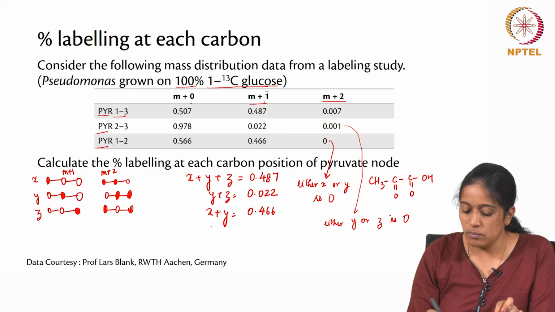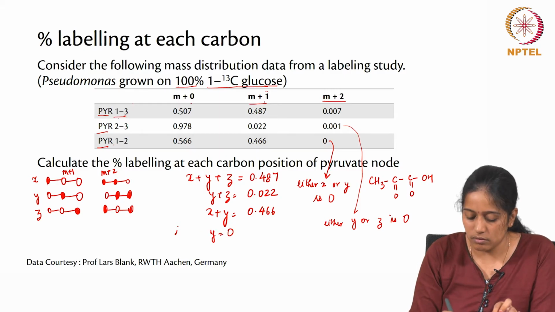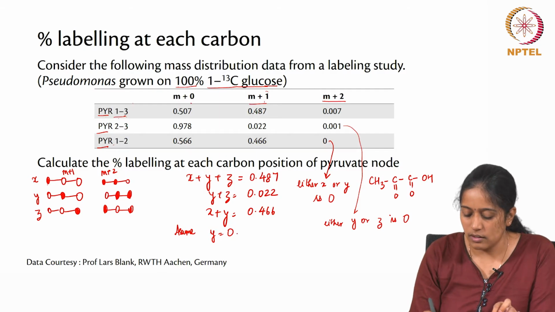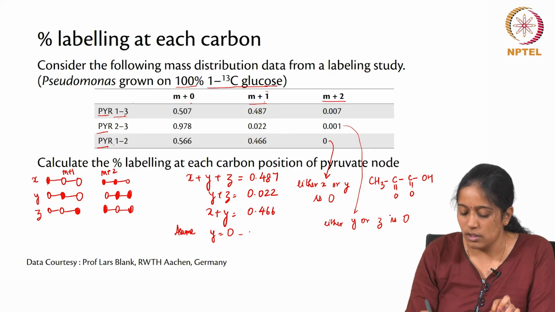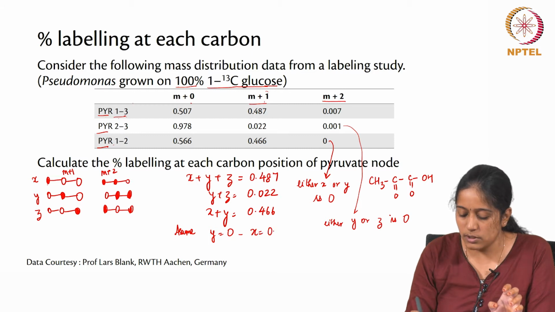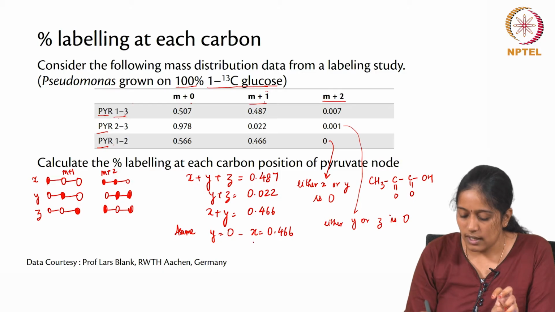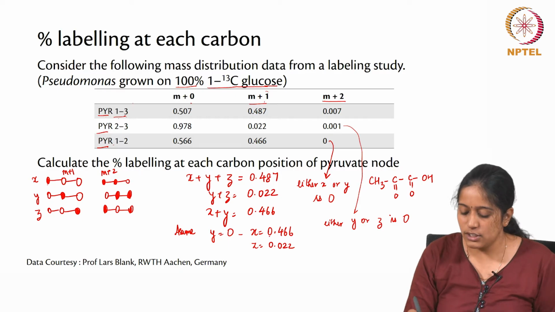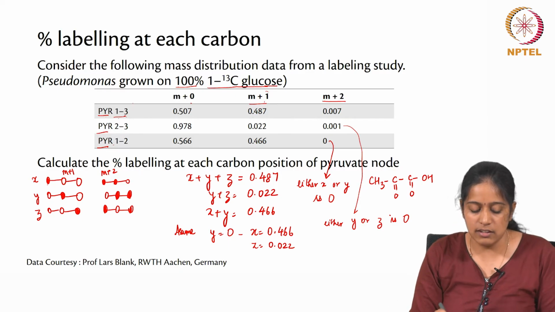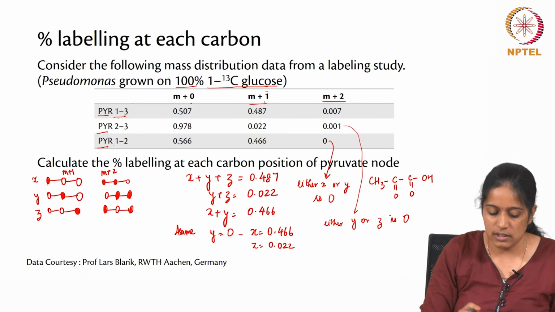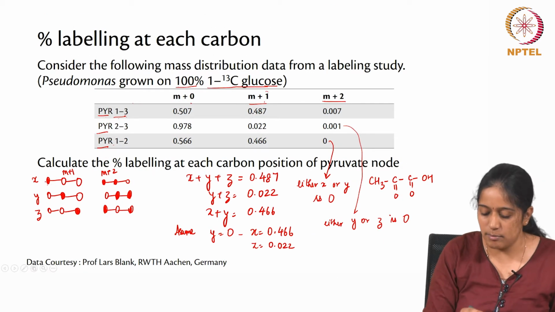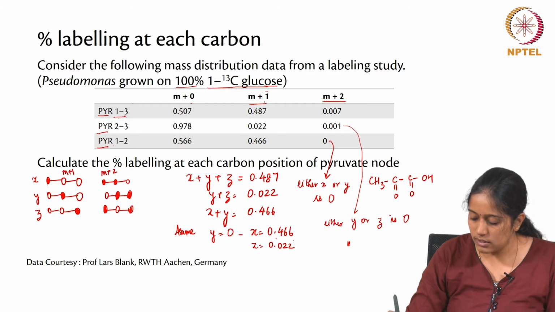So, if I assume Y is equal to 0, this set of equations becomes very trivial to solve. X becomes 0.466 and Z becomes 0.022. So X, where the first position is labeled, is 0.466.